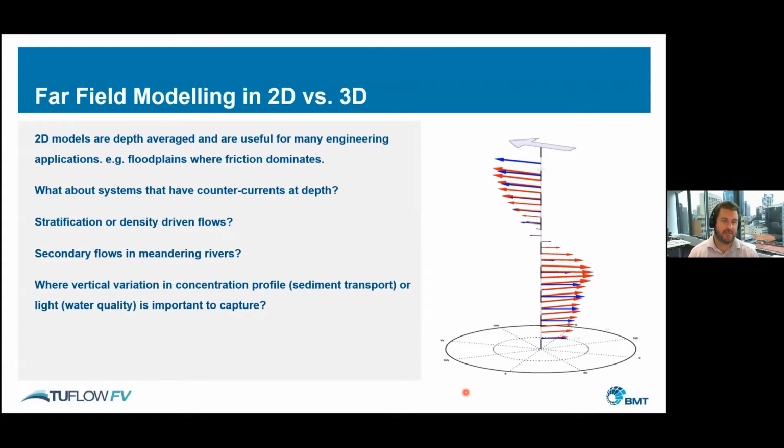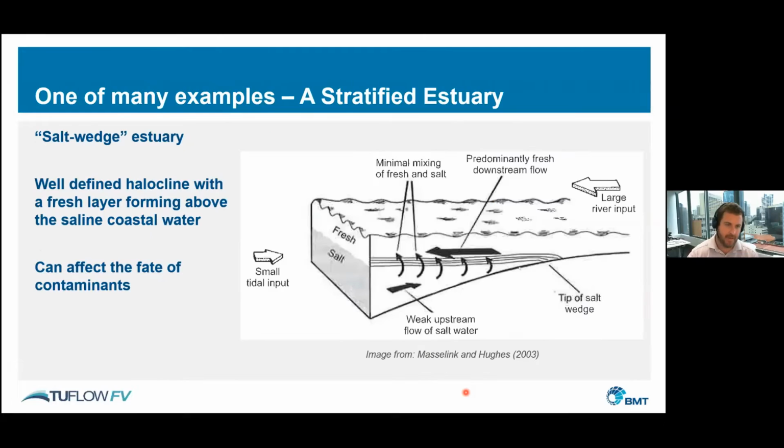And what about things like stratification or density-driven flows, secondary currents in meandering rivers, or where the vertical variation in the concentration profile, like sediment transport, or light, so light penetration of the water column, is important to capture. This is just one of many examples I could have shown you, but it really highlights the difference between some of the things you can capture in a 2D versus a 3D model.